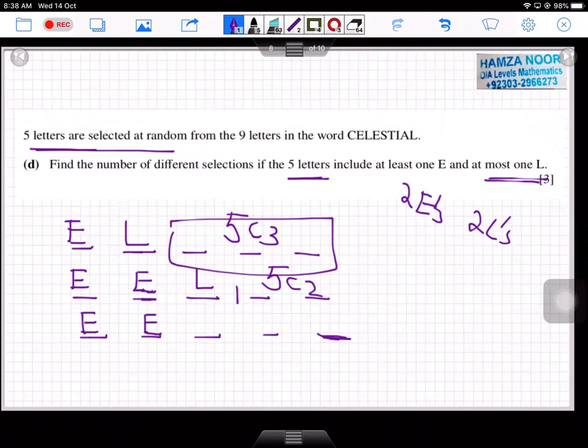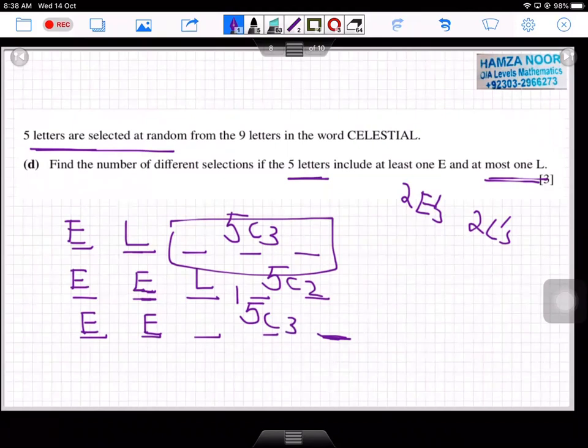So I have 3 spaces to fill, but I don't want any other E because I don't have any, and I don't want any L further. So I have 5 letters to choose from, and 3 spaces left. So 5C3.